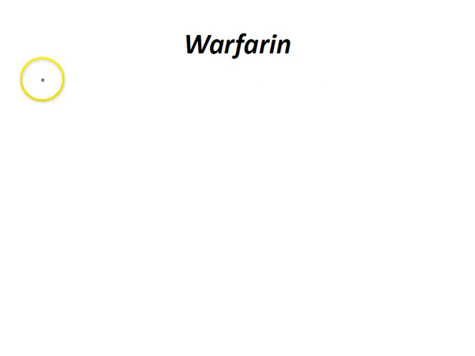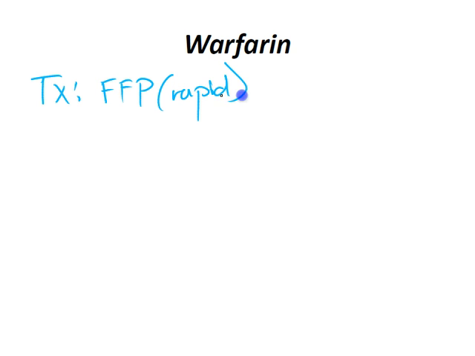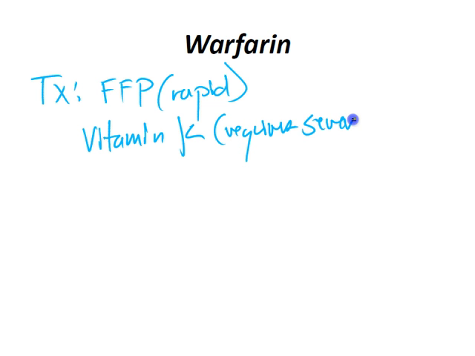If you overdose on warfarin, you better give them FFP, fresh frozen plasma, right away, rapid, along with vitamin, which one, A, D, E, or K? That's right, K. It requires several hours, though.